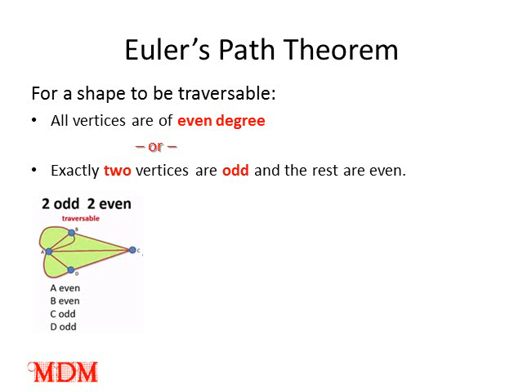So that is, according to Euler, one of the conditions that would make this particular graph traversable. So just knowing how many even and odd vertices we have would help us make that determination without having to do multiple tries to see if it's possible.